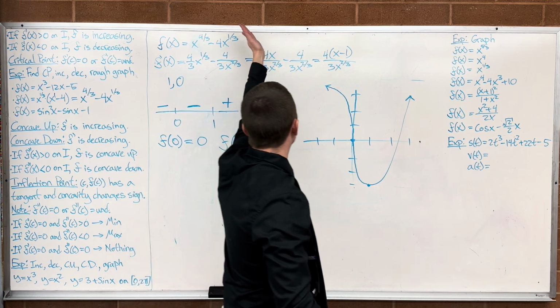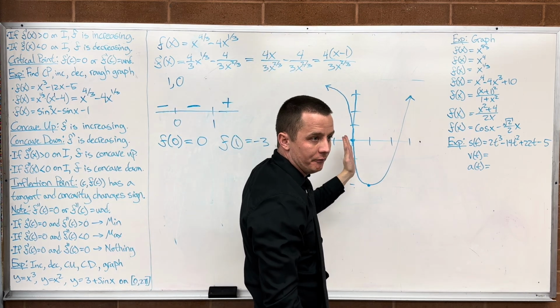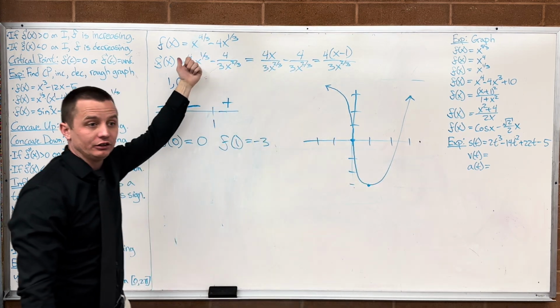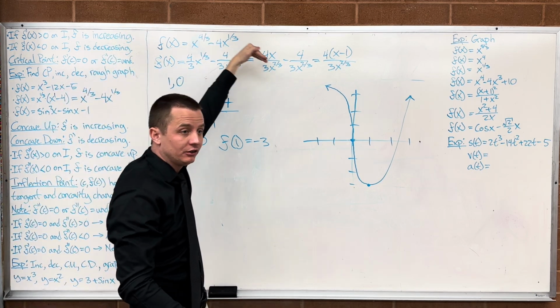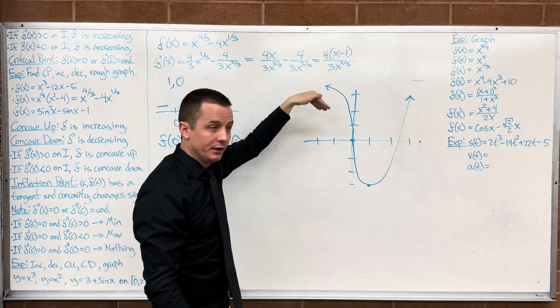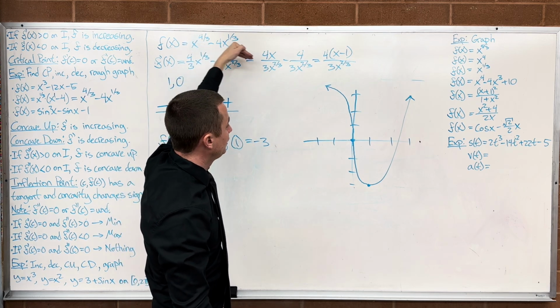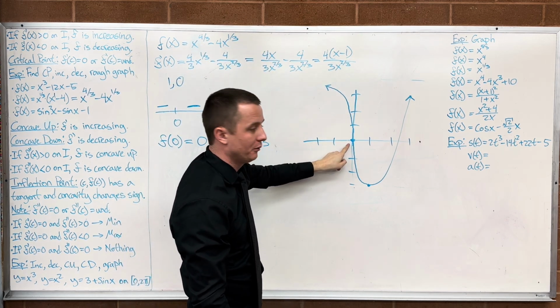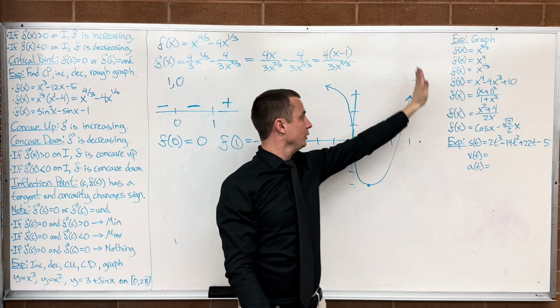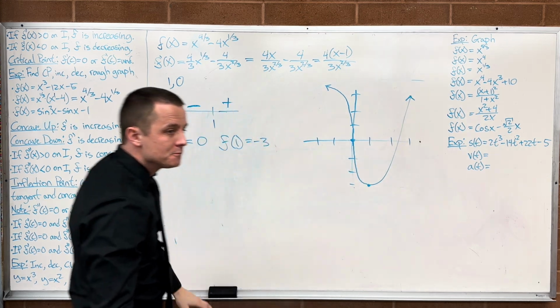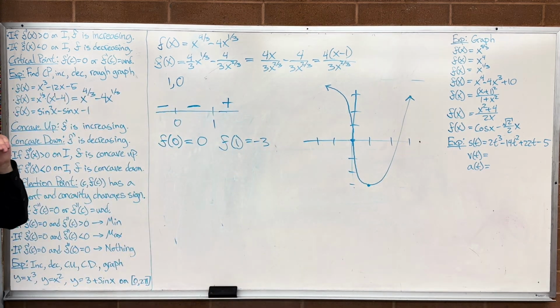So my function has to be decreasing all the way down to 0. So everything to the left has to be bigger than 0, because my function's been constantly decreasing. It can never go up. Okay, that makes sense. So this function's been decreasing from infinity all the way down to 0 right here. It keeps going down, and there's where it finally starts increasing. Make sense? Okay.